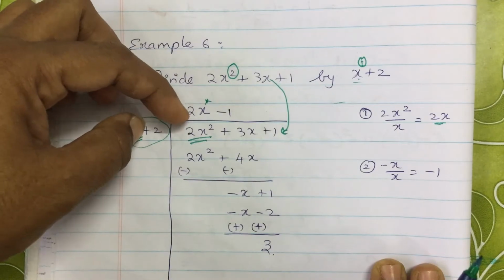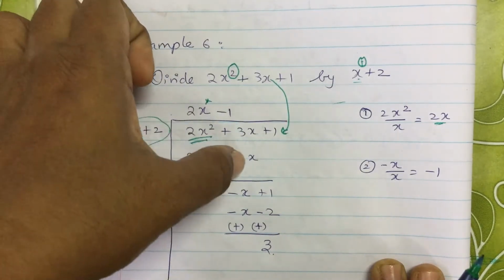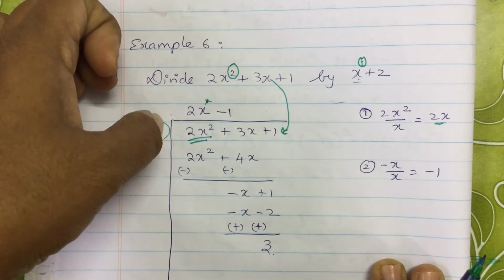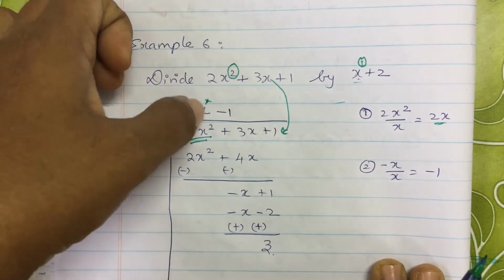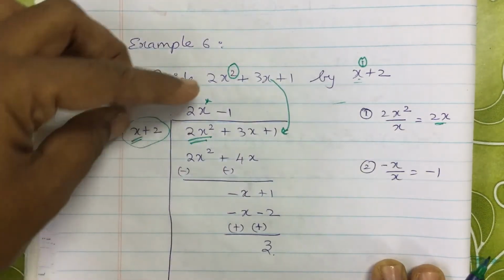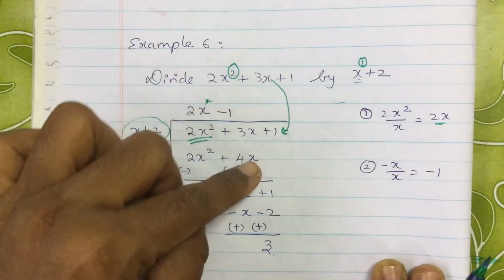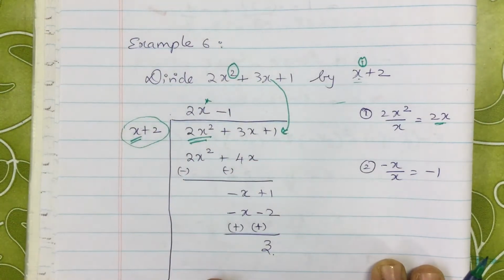First multiply the signs: plus into plus is plus, and 2 into 2 is 4, and the variable is nothing here, so it is x to the power 0, and again you will get x. So x into 2x is 2x square, 2 into 2x is 4x: 2x square plus 4x.